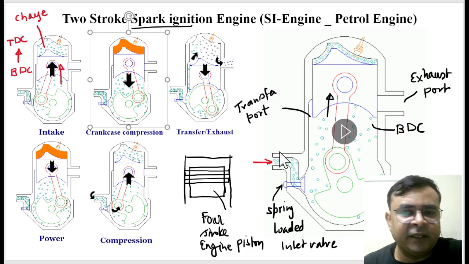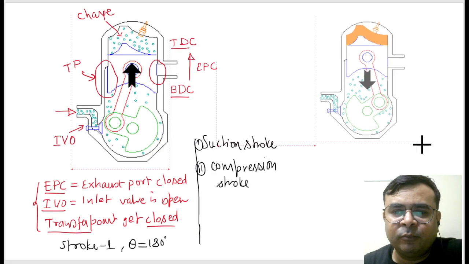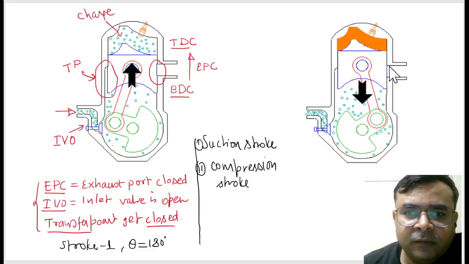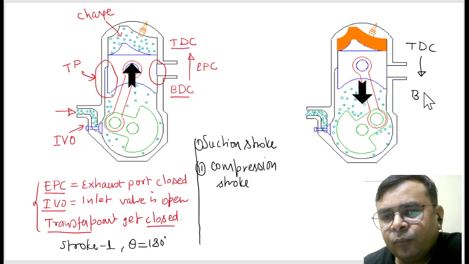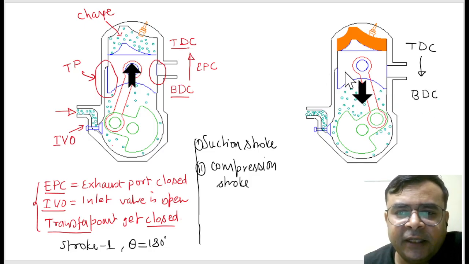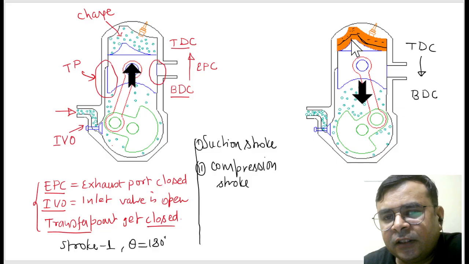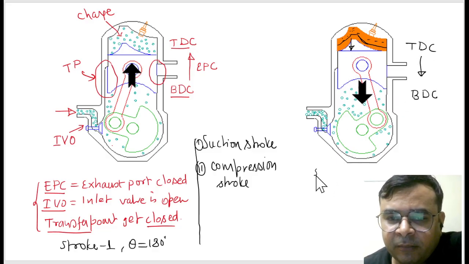At this stage, when your piston is moving from TDC to BDC, especially when your piston is located somewhere here, whatever charge we have inside it gets burned, and after burning, this piston starts moving down from TDC to BDC. Then this is stroke number 2.